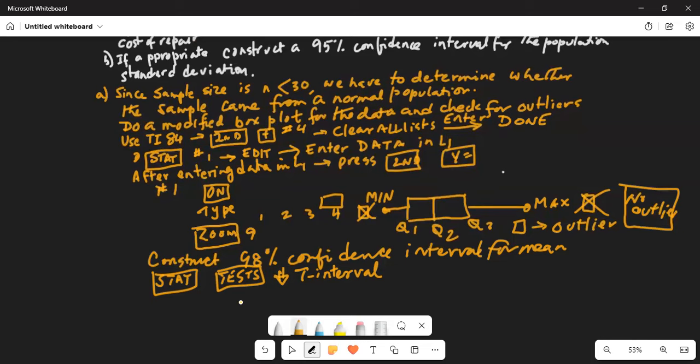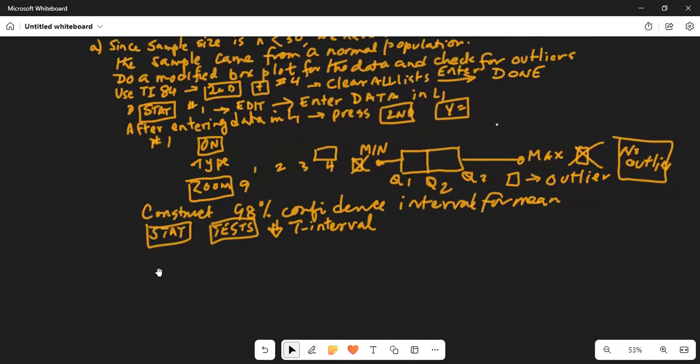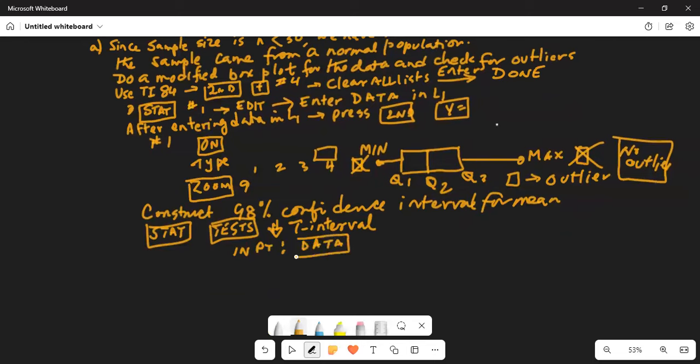Okay, in T interval, our input should be on the first line, on data. So bring the cursor onto data and hit enter so that it's blinking on top of data. My list is already set at L1 where I entered the data, so do not change it.